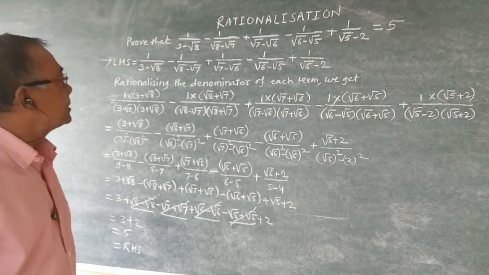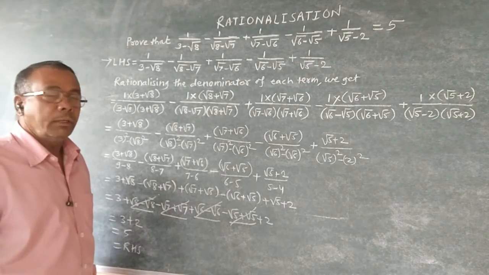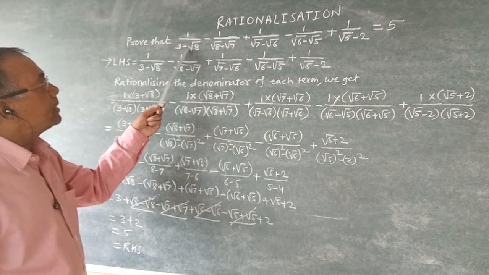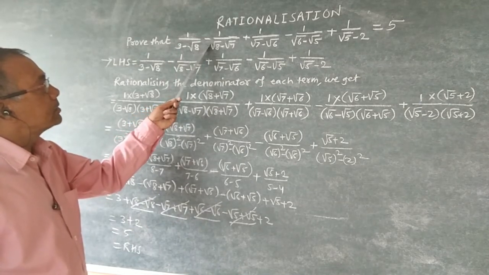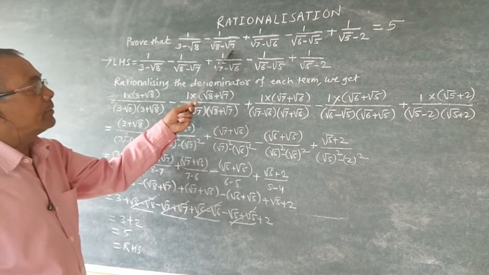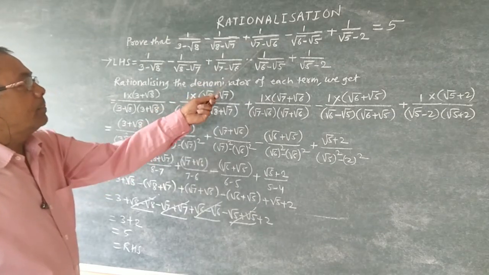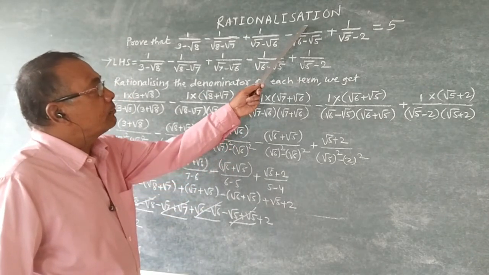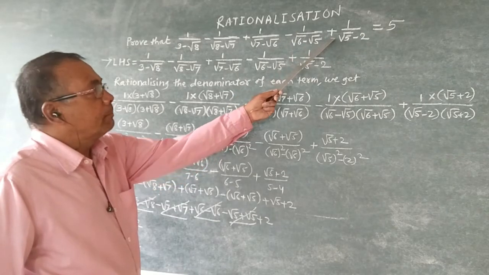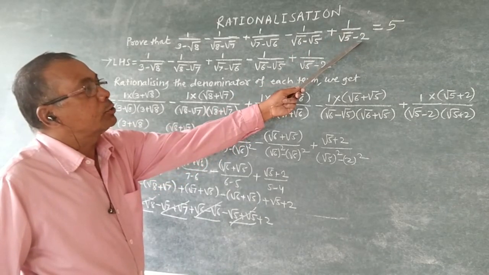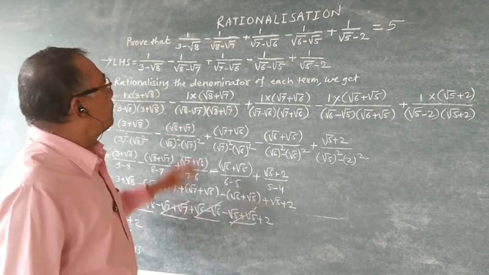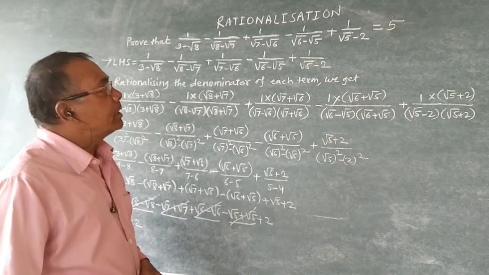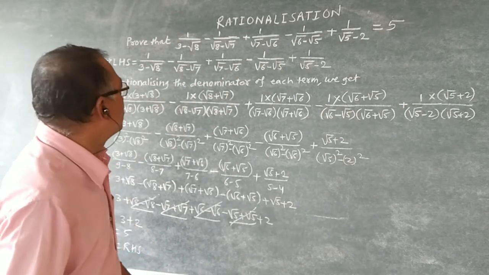Okay. Let us see one more example, that is: prove that 1 upon 3 minus root 8 minus 1 upon root 8 minus root 7 plus 1 upon root 7 minus root 6 minus 1 upon root 6 minus root 5 plus 1 upon root 5 minus 2 is equal to 5. Means the value of the expression is 5, and this is the example which we have to prove.